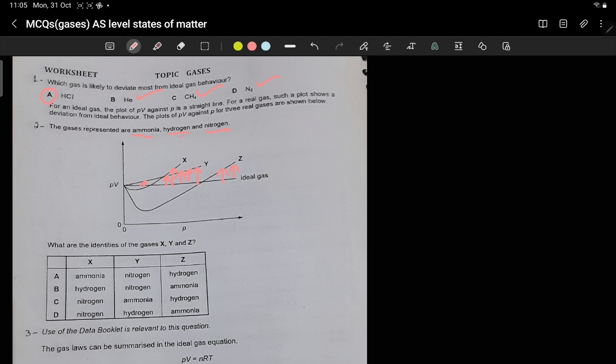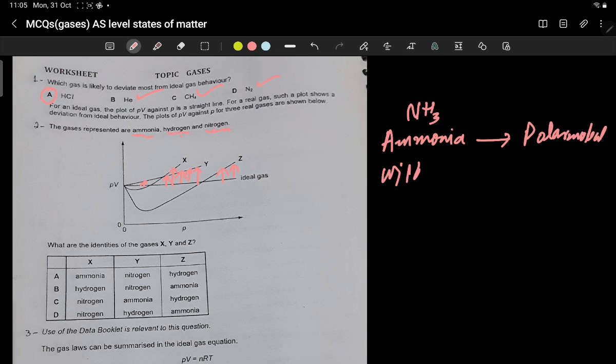And you know that in the above gases, ammonia, hydrogen and nitrogen, ammonia is a polar molecule with strong IMF, that is hydrogen bonding.